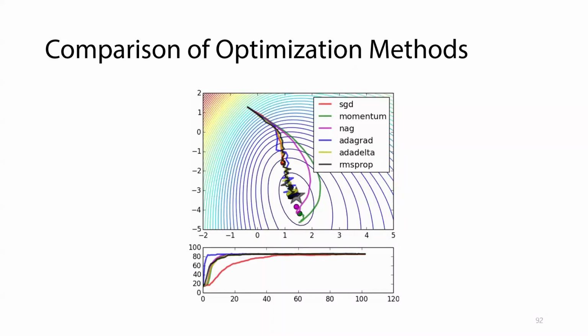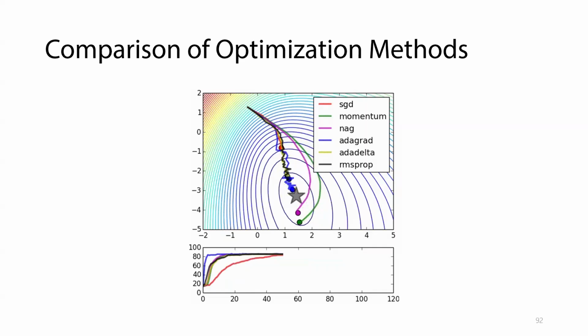So before I move to the next slide, here's an animation demonstrating different characteristics of different optimization algorithms. The red one, the slow little guy over there, is the usual SGD.